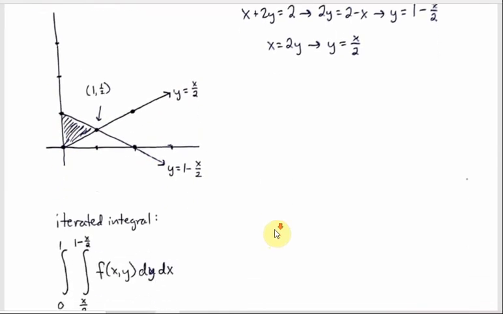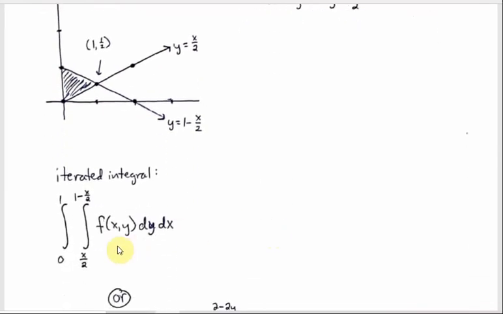So if I go down a little bit, there's my integral. If you're going to go dy then dx, then the limits of integration for y, for where that shaded triangle is, the thing on the bottom is x over 2. The thing on top is 1 minus x over 2. And you can see, just like we're supposed to have, we've got the limits of integration in terms of the other variable.